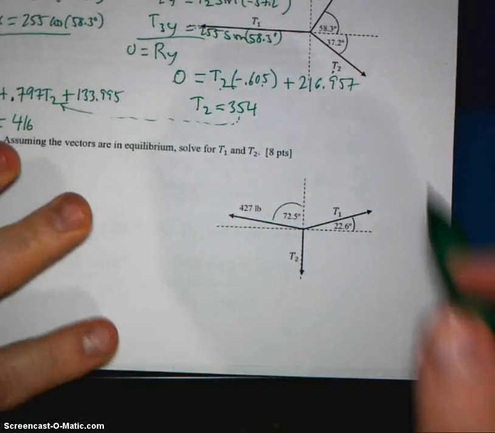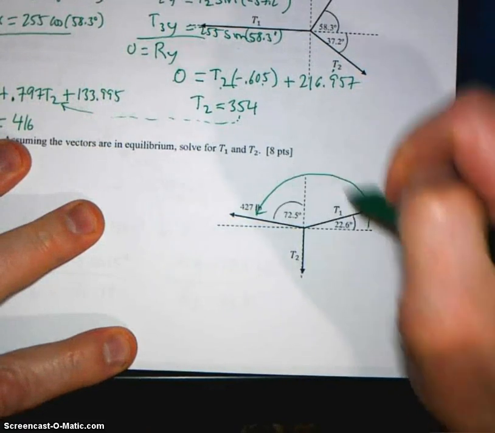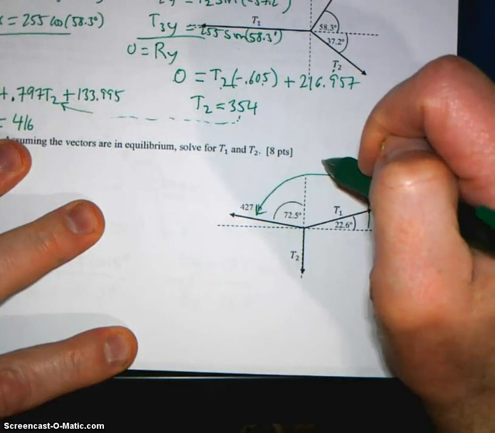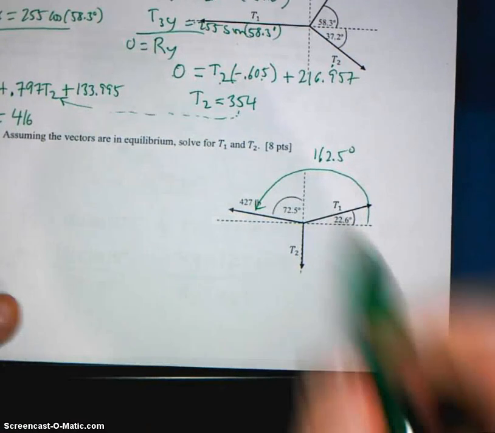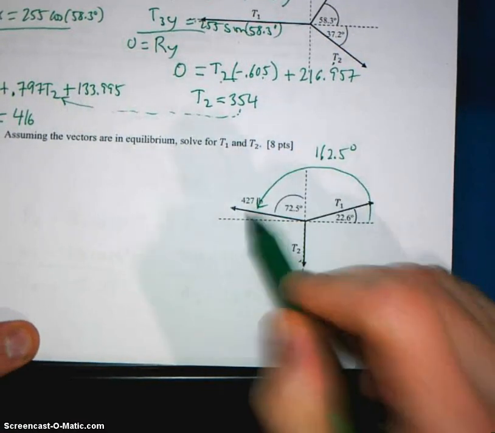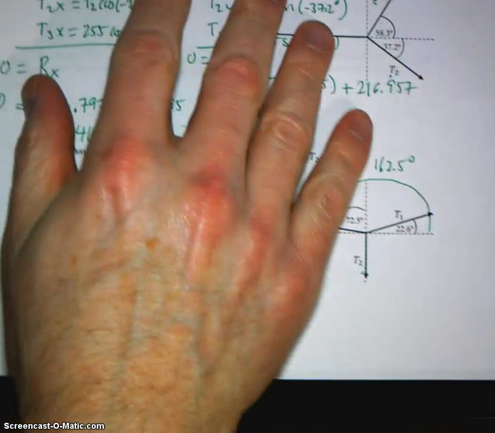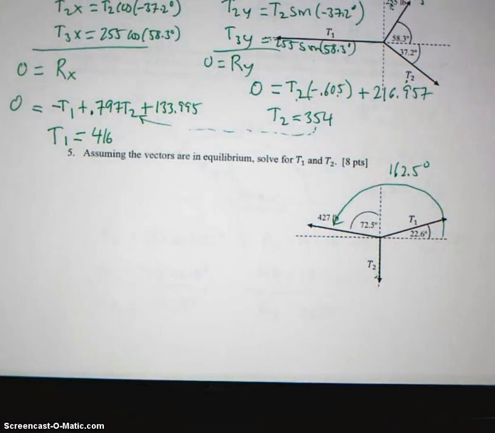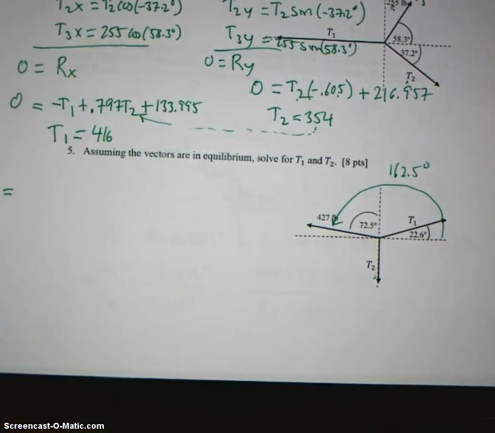The only thing with this last one is first I have to change this angle. Add 90 degrees, so it's 162.5 degrees. And I'll call this T1, T2, T3. Slide my paper over so you can see. Same thing has to happen: 0 has to equal all the x values.